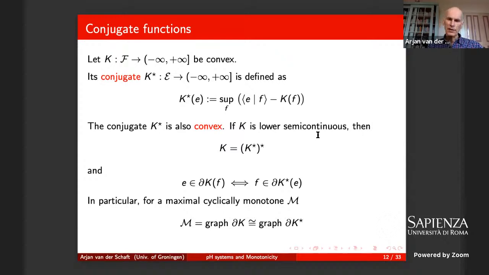And if k is lower semi-continuous, then taking twice the conjugate, that brings you back to the original function. And furthermore, E is in the subdifferential of k corresponding to a certain f, if and only if f is in the subdifferential of k star, the conjugate for this E.